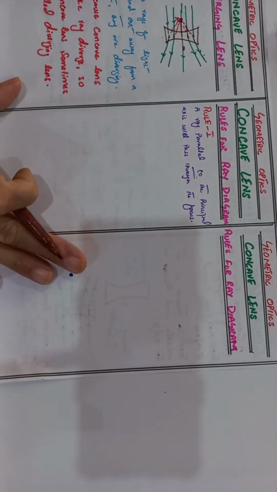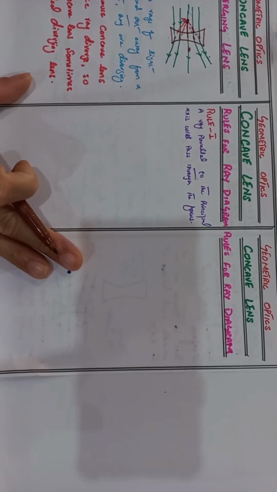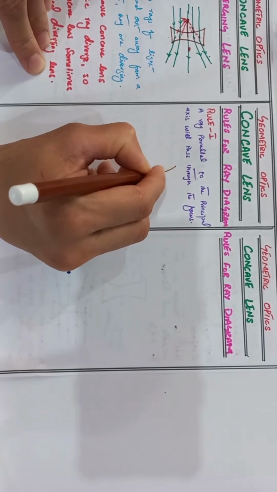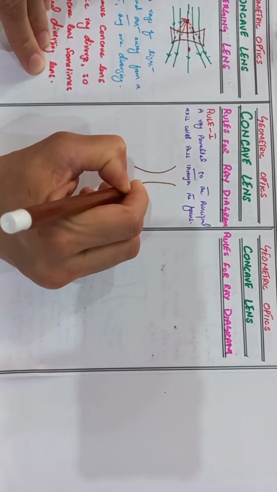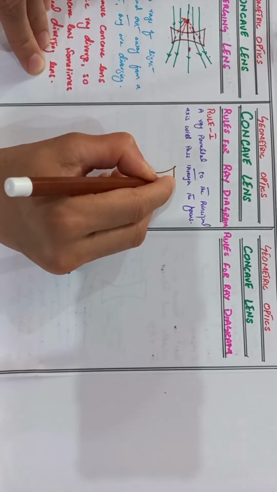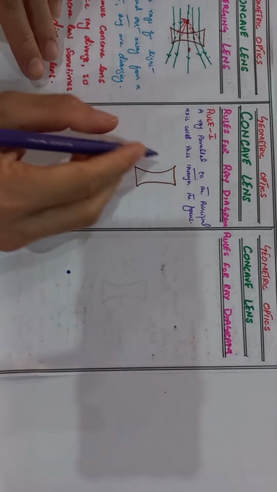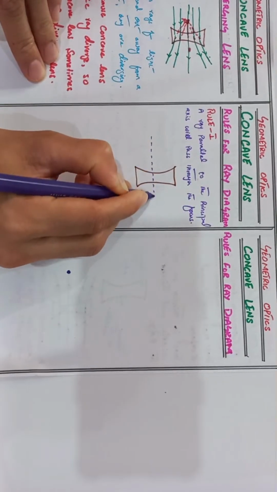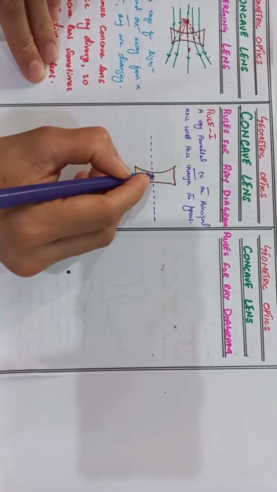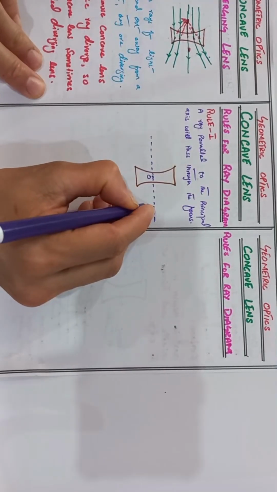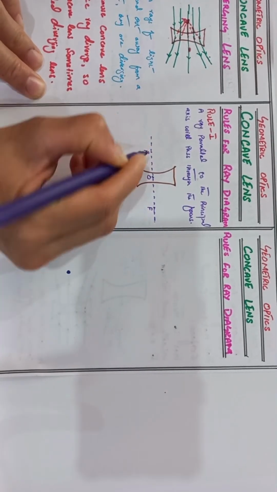So here we draw the ray diagram. This is the concave lens and this is the center. This is the principal axis of the lens that is passing through the center or focus of the concave lens.